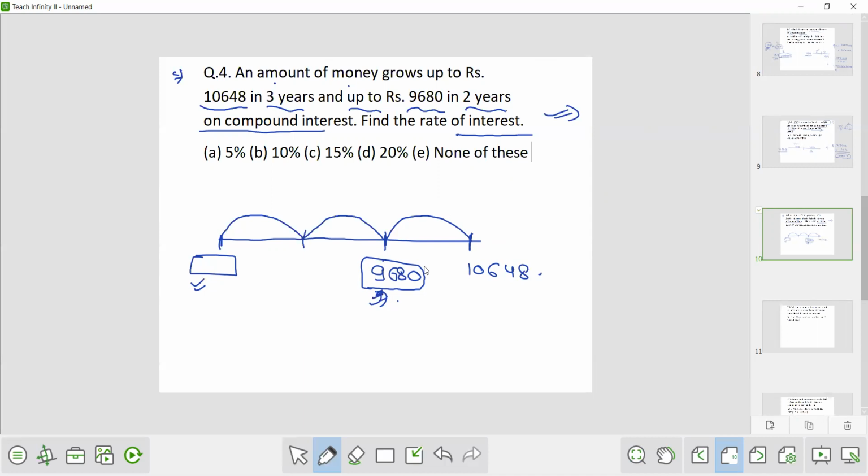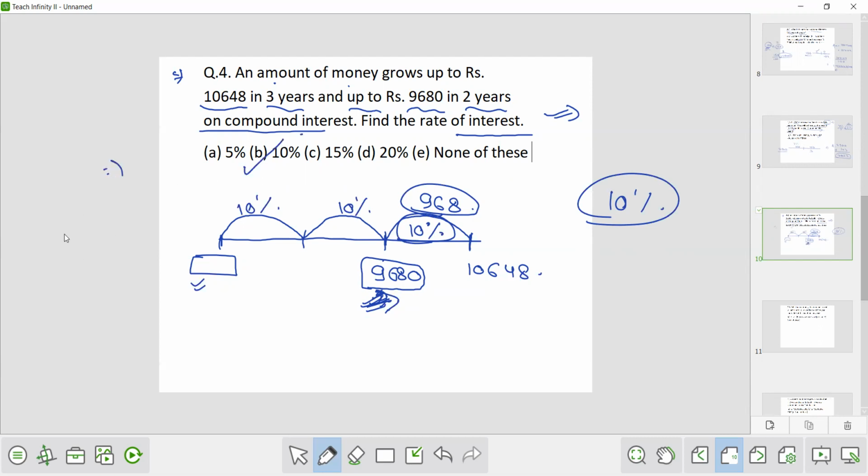So how much is the increase? So increase is how much? 968. So this 968 is how much percent of this 9,680? So this is 10%. Means 10% is the rate of interest. Every year it is getting increased by 10%. So your answer is B.